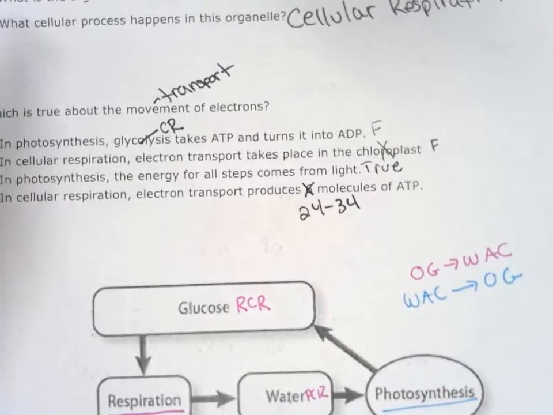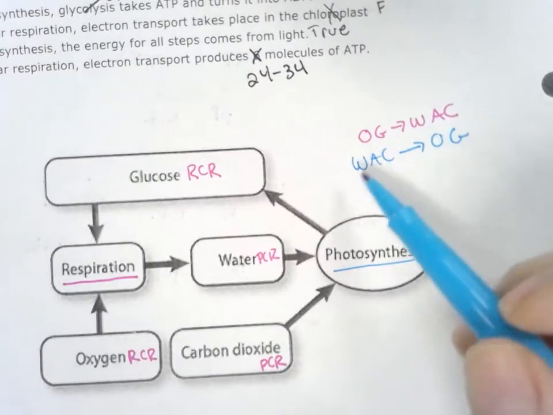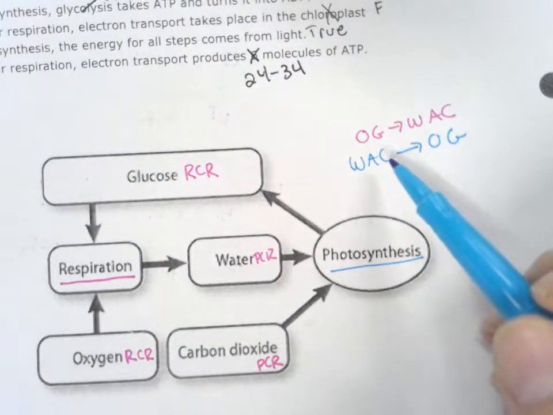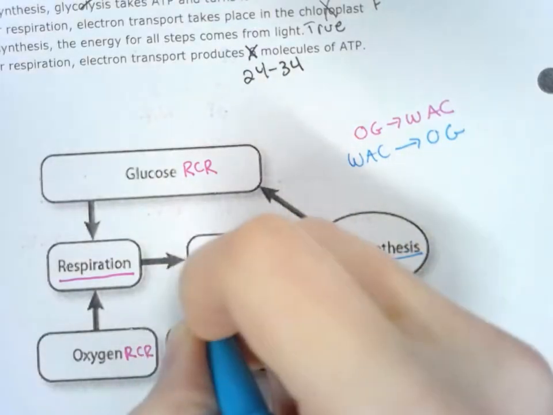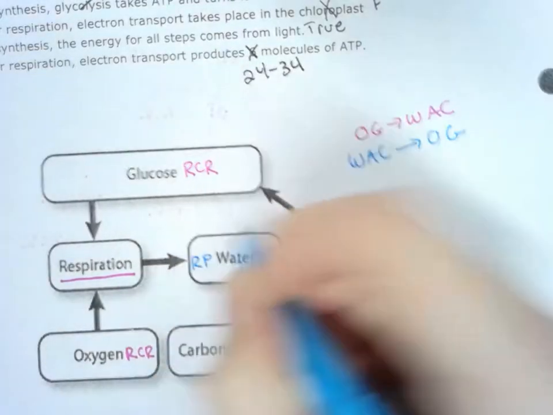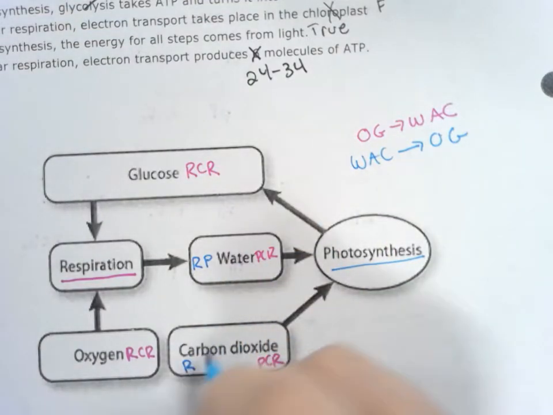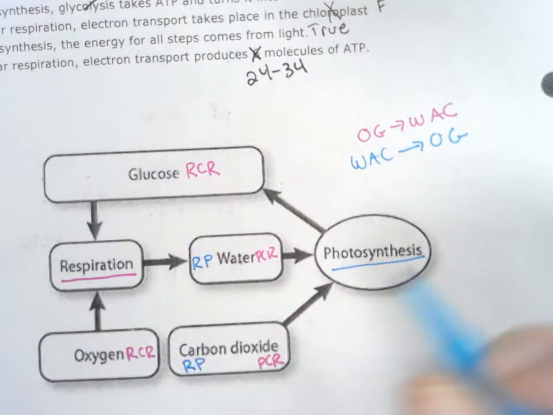Now I'm going to look at photosynthesis. So my reactants for photosynthesis, I look at my equation: water, energy, and carbon dioxide. I see water, that is a reactant of photosynthesis. So R for reactant, P for photosynthesis. Carbon dioxide is also a reactant of photosynthesis.